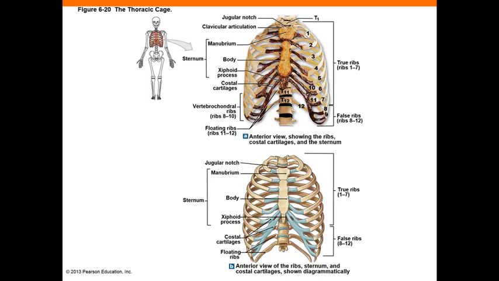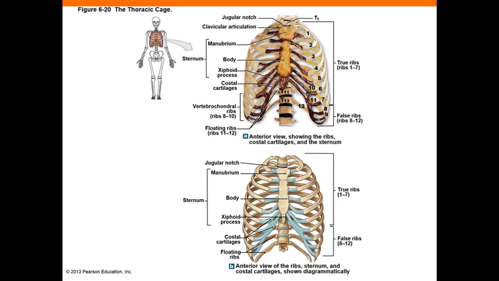The skeleton of the chest or the thoracic cage protects the heart, lungs, and other internal organs and serves as a base for muscles involved in respiration. The thoracic cage is made up of thoracic vertebrae, ribs, and the sternum. We have 7 pairs of true ribs called vertebrosternal ribs, and these are going to connect to the sternum with costal cartilages.